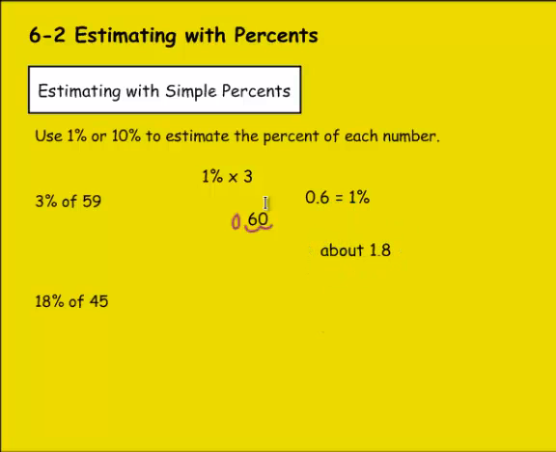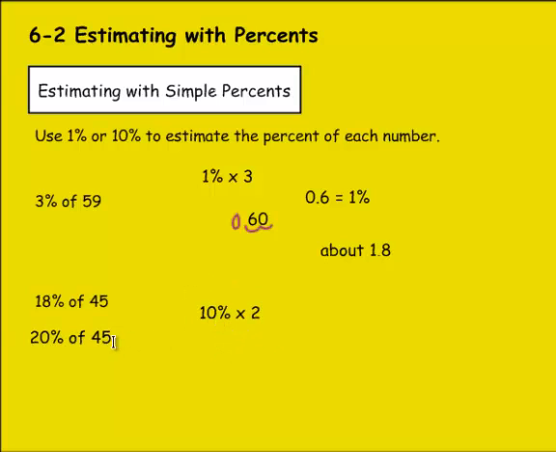So you understand what we did? We took 1% times 3 to get 3%, found 1% of 60, which was 0.6, and remember we had to multiply that times 3, which gave us 1.8. Let's try that with this one. Let's use the 10% method for this one. 18% is really close to 20%. 45 is a nice number, so we can leave that as 45. Well, I know that 20% is 10% times 2.